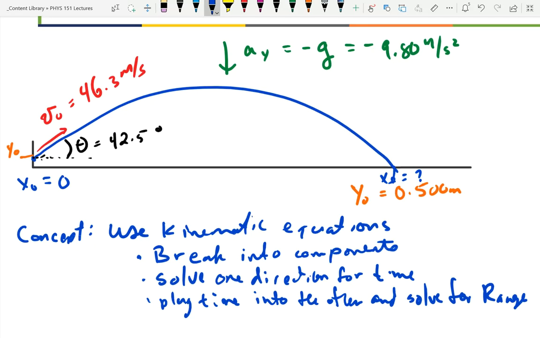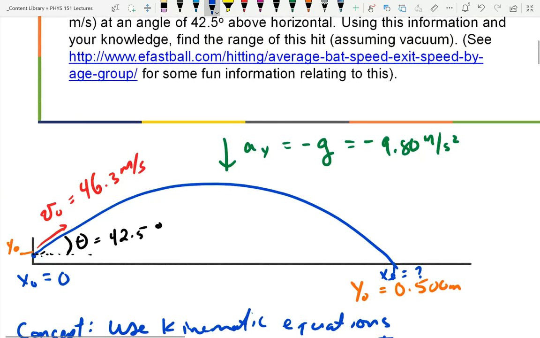And that's the real physics. Now, it's still a physics problem as you do the math. But the real physics is the thinking through, how can I get my answer from this? Now, if I say break into components, there's one more thing I need to add to my figure, and what's that?